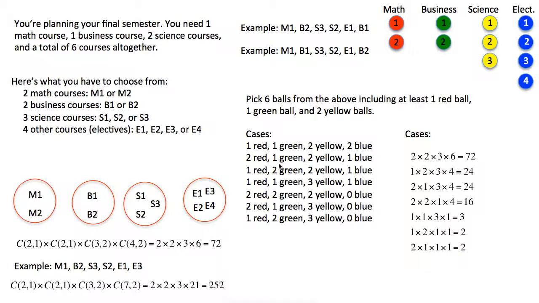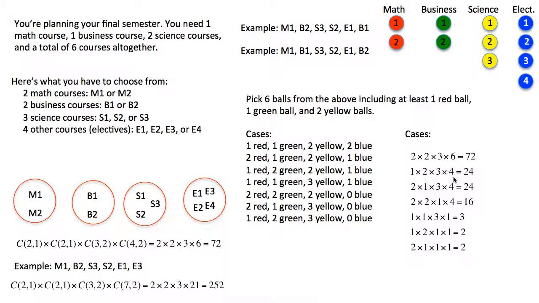If you come down to case 2, 2 reds, 1 green, 2 yellows, and 1 blue, we're picking both of the 2 reds. That can be done in only one way. 1 of the 2 greens, 2 possibilities. 2 of the 3 yellows, 3 possibilities. And 1 of the 4 blues, 4 possibilities.